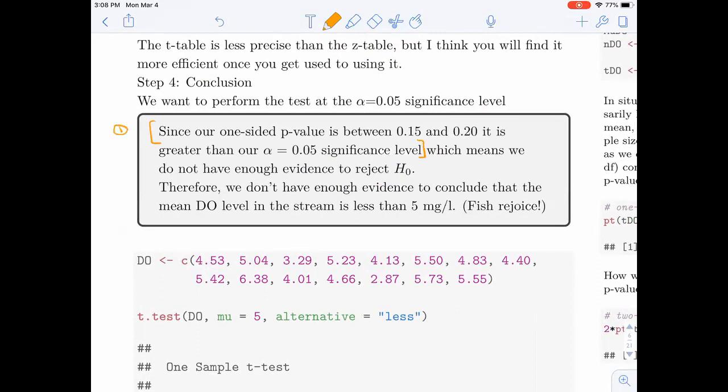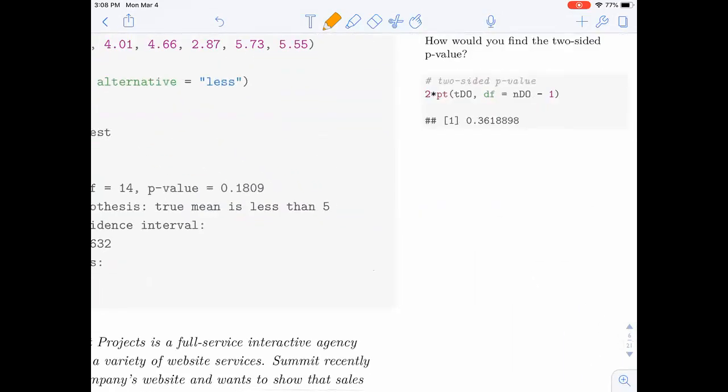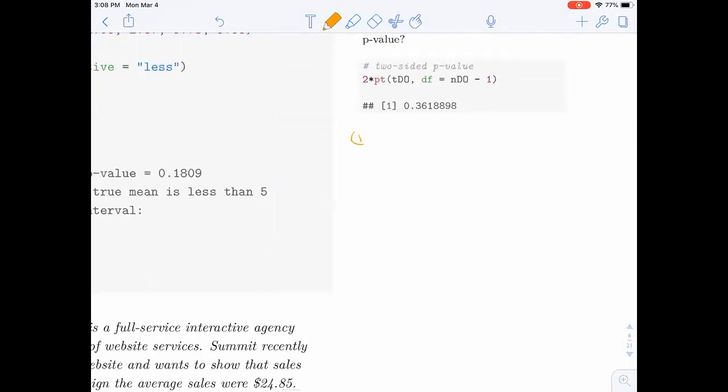Call this part 1. Compare p-value to the alpha level. Alpha is just the Greek fish-looking letter. So you have to tell me how they compare.